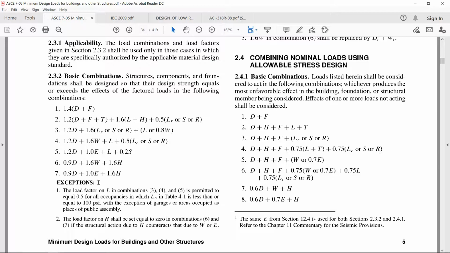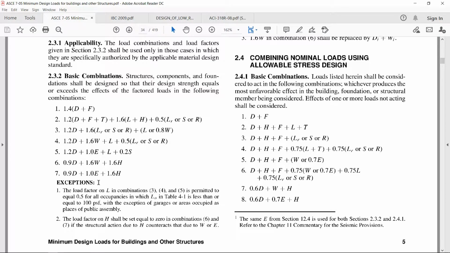That means for all my codes, whether I am following ASCE 7-05, IBC 2006 or ACI 318-08, all three codes permit me to reduce the coefficient for live load in this equation to 0.5.